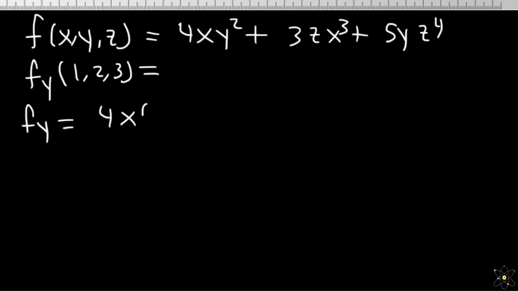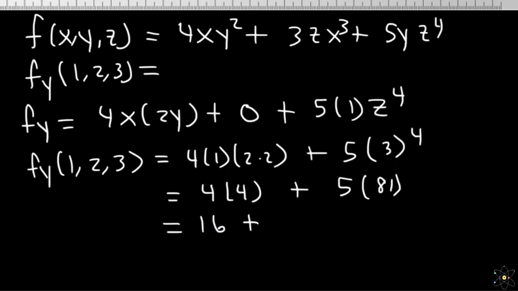So 2 times 2 is 4, and 3 to the fourth power is 81. That's 3 times 3 times 3 times 3. 4 times 4 is 16. Now 5 times 8 is 40, so 5 times 80 is 400. And 5 times 1 is 5, so 5 times 81 is 405. Plus 16, that's 421.